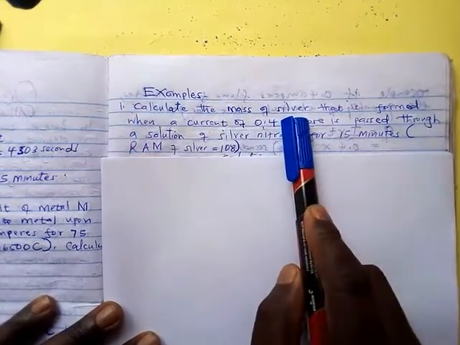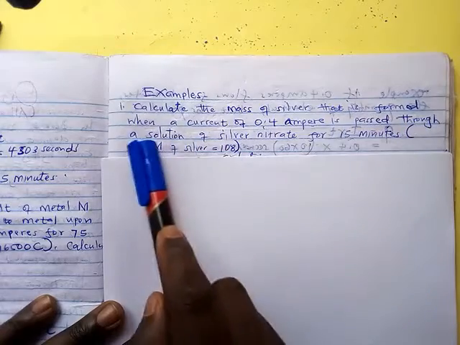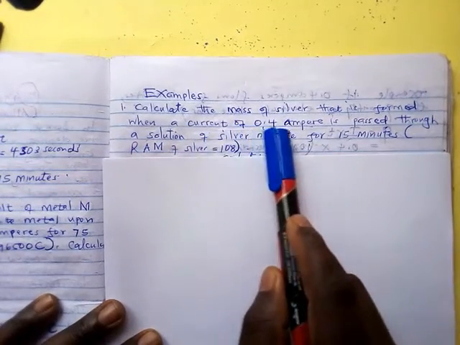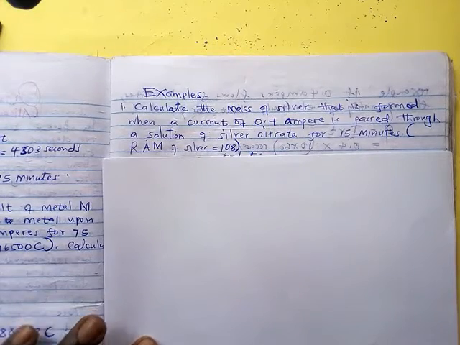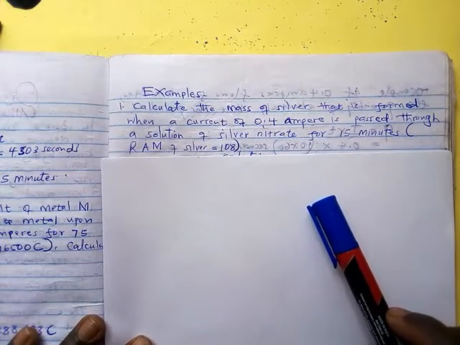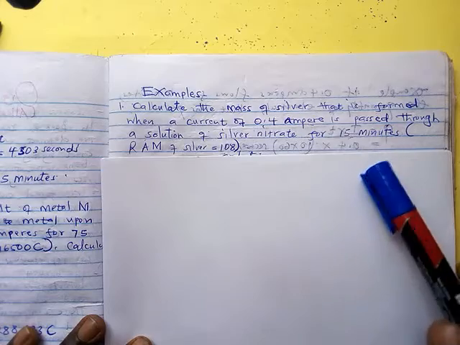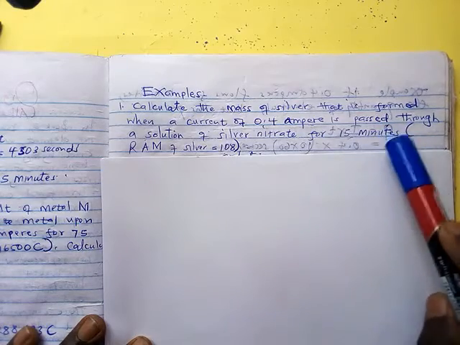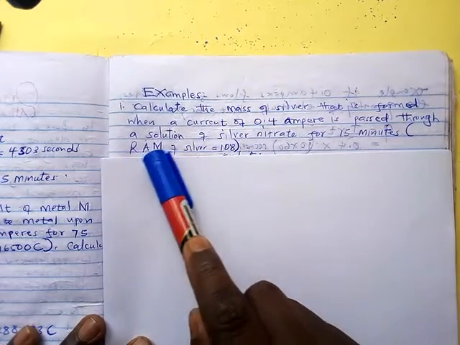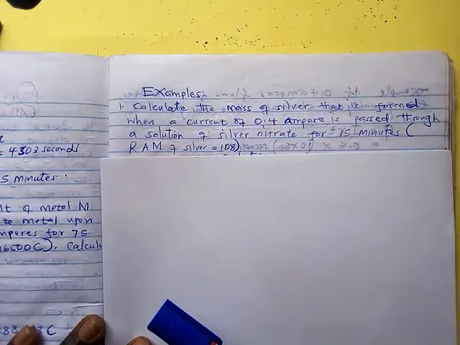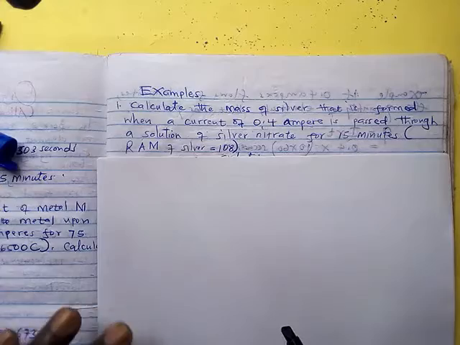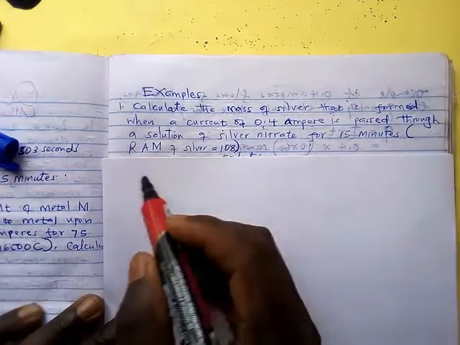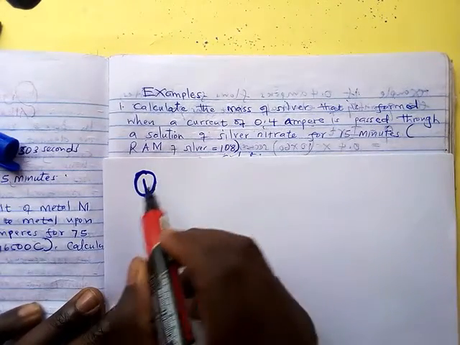Let us look at this example. Calculate the mass of silver that is formed when a current of 0.4 amperes is passed through a solution of silver nitrate for 15 minutes. You have been given that the relative atomic mass of silver is 108. First, we know how to calculate the quantity of electricity.